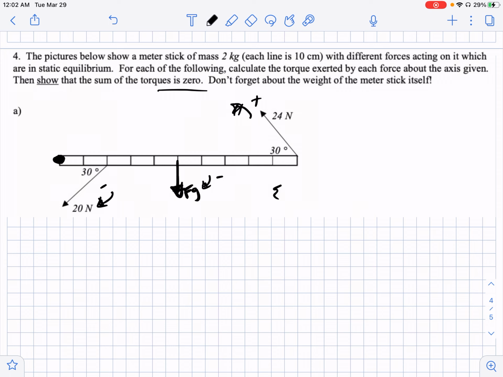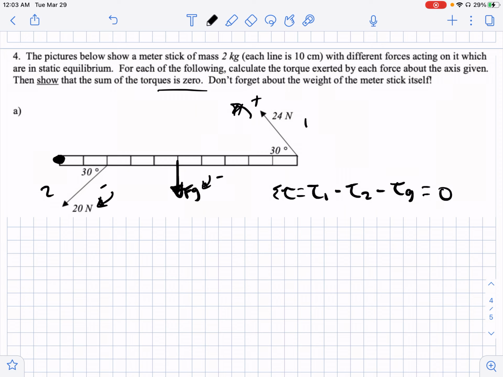So my net torque equation, let's call this one 1, this one 2, and this one would be the torque caused by the gravitational force. So it'd be torque from 1 minus torque from 2 minus the torque caused from the weight of that object. We're trying to show that it's equal to 0.